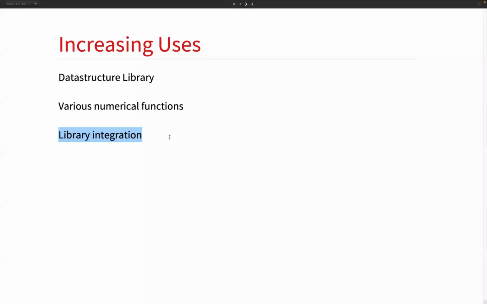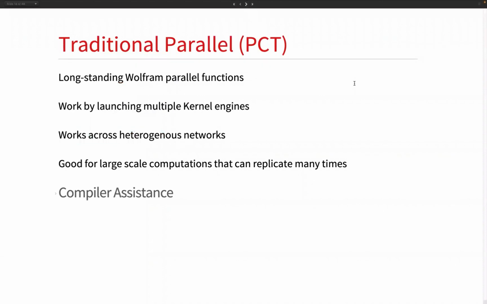And actually, Christopher's working on yet a new way of library integration using foreign function interfaces that's even more convenient. Anyway, those are some of the uses. So that's me rattling through my talk.